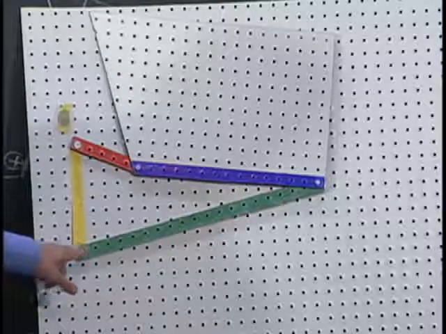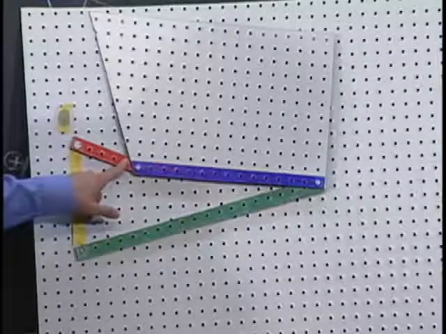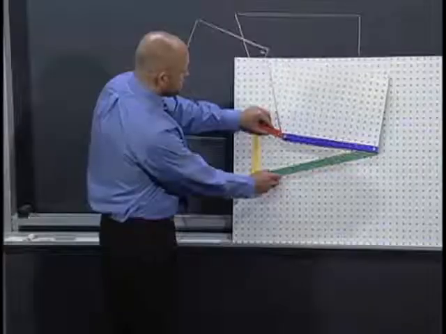So we've got a long green link, a moving blue link, and a short red link. Now, let's see it move.